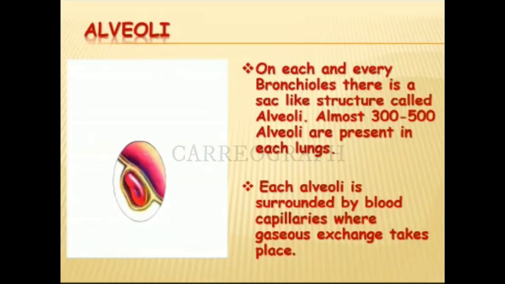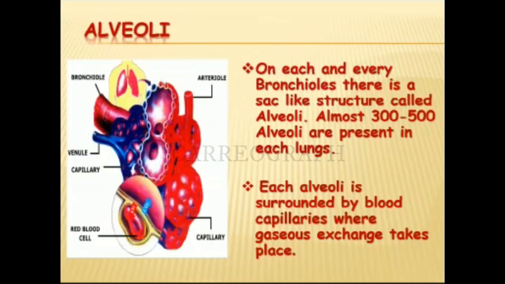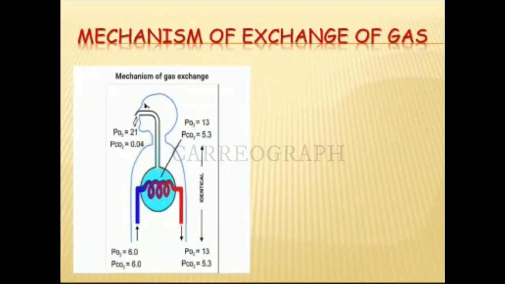Now the question which comes here is how this exchange of gases takes place. Friends, now we will see the mechanism through which this exchange of gases takes place in the alveoli.